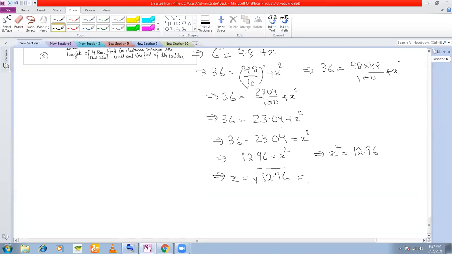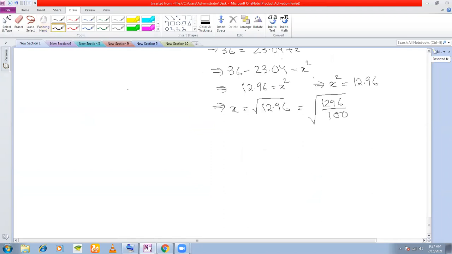And how do you find out the square root? Convert it to a fraction first. Now you can use prime factorization also, or you can use your division method. Better use the division method. So 1296 you have to find out.